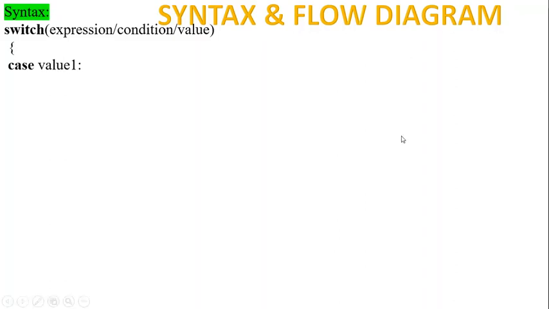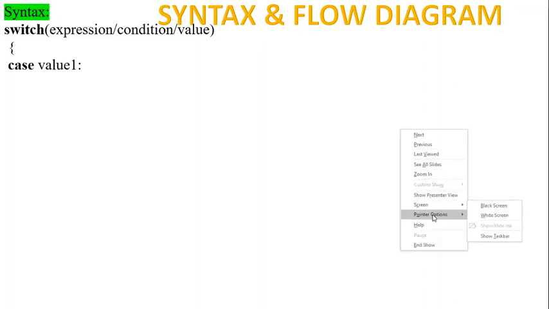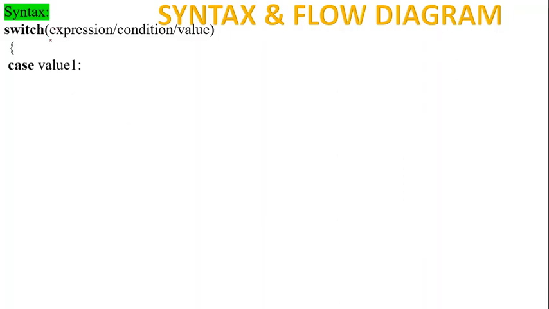That means if the expression is equal to value 1, and in C language, equals to means double equals, then it performs the statements in the case value 1 block.